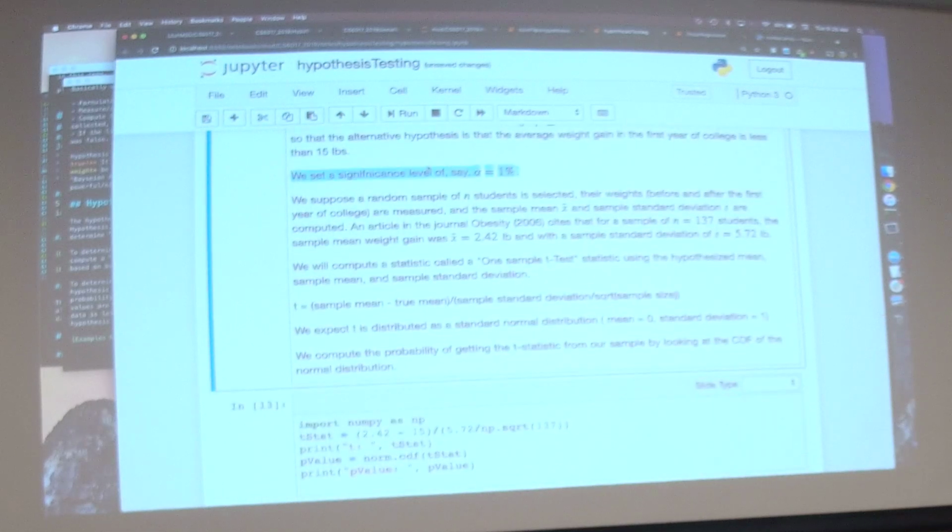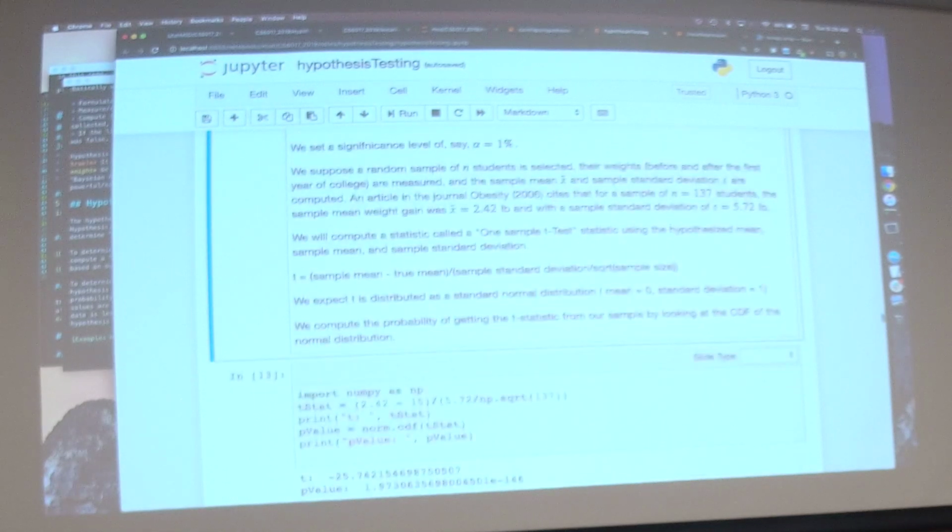And we'll say we want a 1% significance level. So if we get a p-value that's less than 0.01, we'll say our hypothesis was wrong. Okay? So we want to be very sure whether or not our conclusions about freshman weight gain are correct.